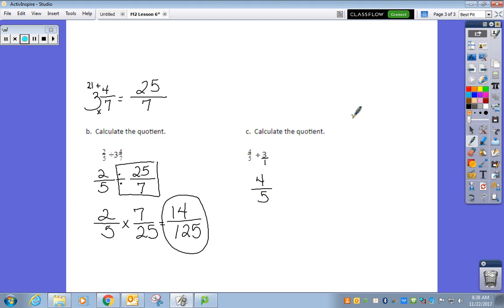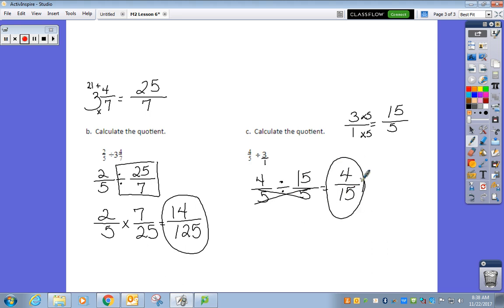I have to pull to the side and turn 3/1 into fifths. 1 times 5 is 5, 3 times 5 is 15. That turns into 15/5. When you have a common denominator, you're going to divide them and just get 1, so they cancel each other out. I'm going to put my first numerator, 4, over my second numerator, 15, and my answer would be 4/15.